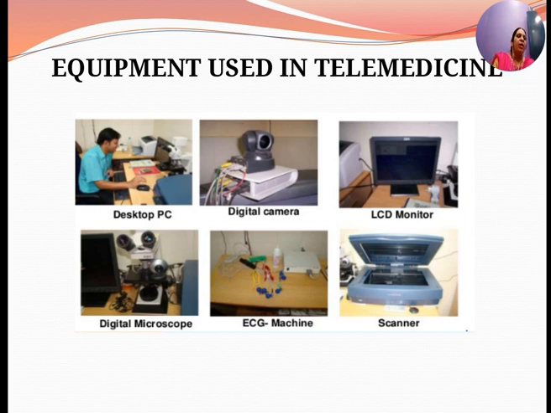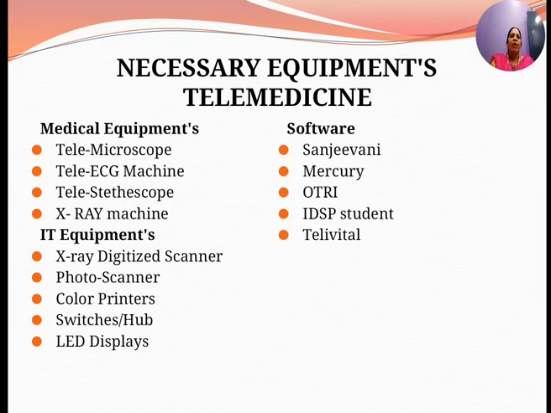There are several equipments used, like medical equipments such as microscope, tele ECG machine, tele stethoscope or X-ray machine. Then IT equipments like X-ray digitized scanner, photo scanner, color printers, switches or hub, and then LED displays.